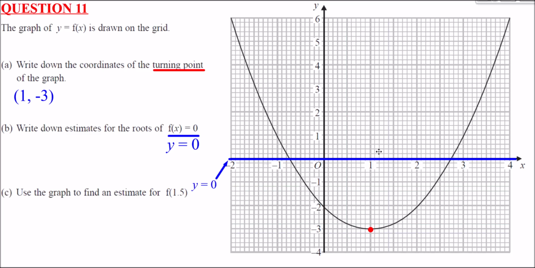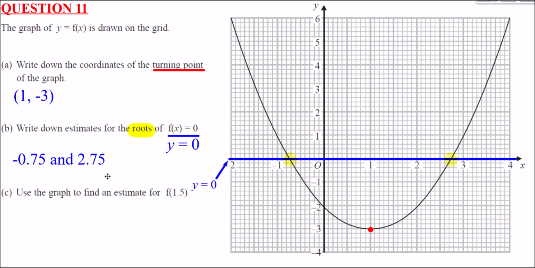So as accurately as you can, for roots, where they cross, here and there, as accurate as I could measure them, and the examiner will give you tolerance if you're a weeny bit out, so don't worry if you're not exactly the same as me, but you should have got minus 0.75 and 2.75. That's as accurate as we can go. So be as accurate as you can, but don't stress about needing a microscope to do the measurements.